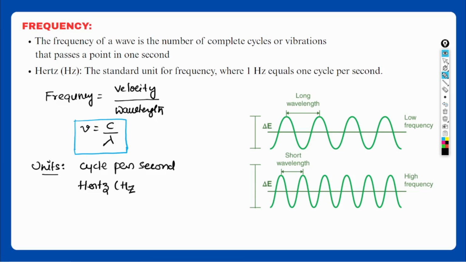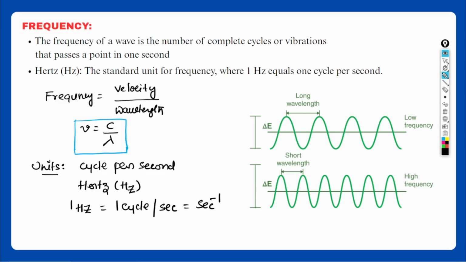The SI unit of frequency is hertz. 1 hertz is equal to 1 cycle per second, or simply second inverse. So these are the units of frequency.